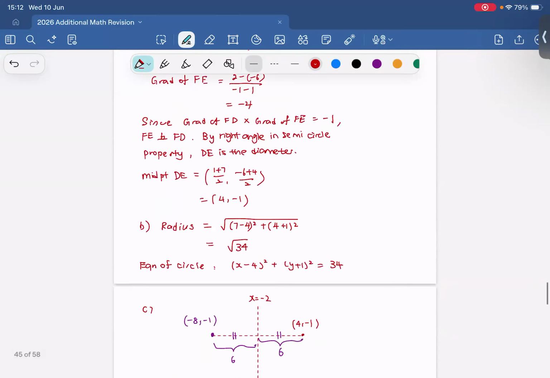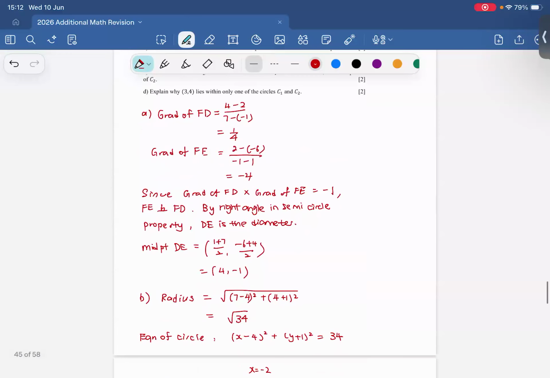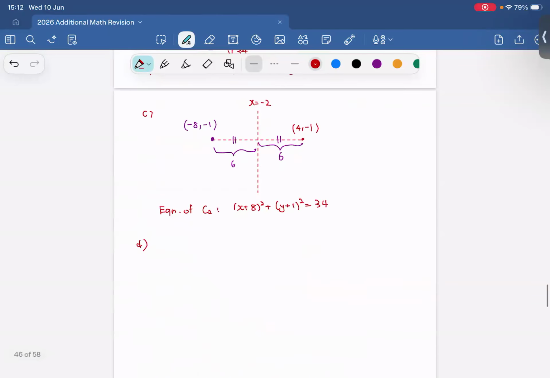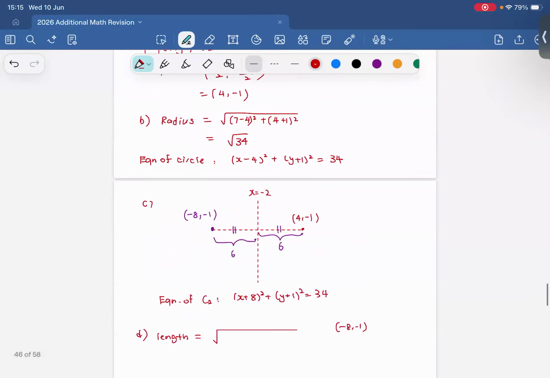Okay, D, explain why this only lies within one circle. To find whether it lies within one circle, again, you go back to the distance of the center and that point, and see whether it is more than the radius. We are comparing (-8, -1) and (3, 4).